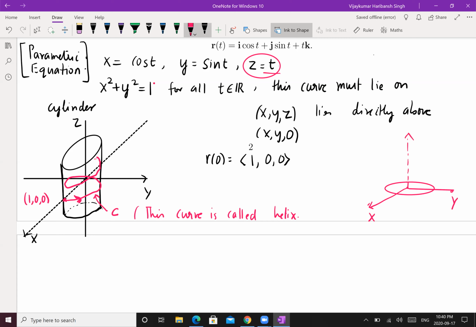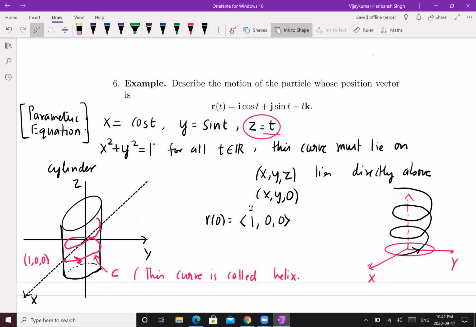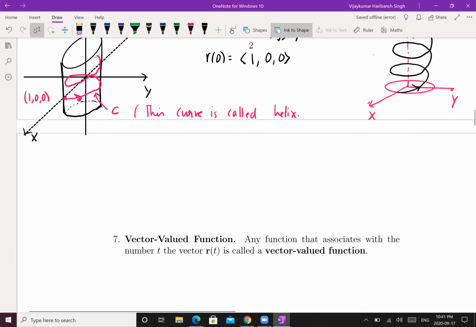Now, what effect z is giving is that since z is increasing, z is unraveling it like a spiral. So this is the structure of this curve. Yeah, so such a thing is called a helix. So parametric curves are quite interesting to draw in 3D, as you can see from this example.